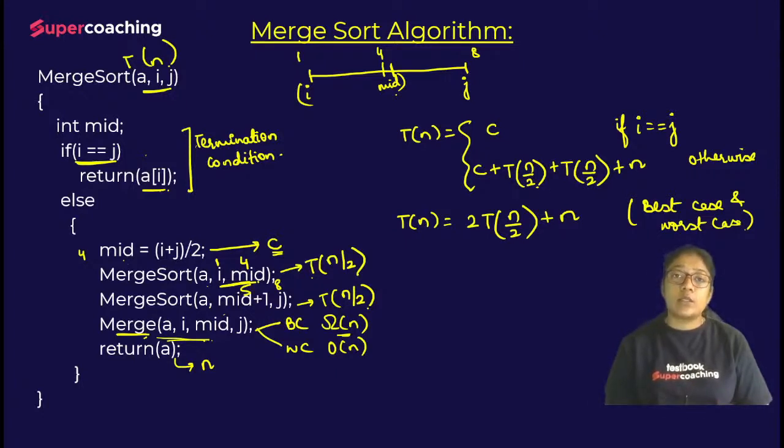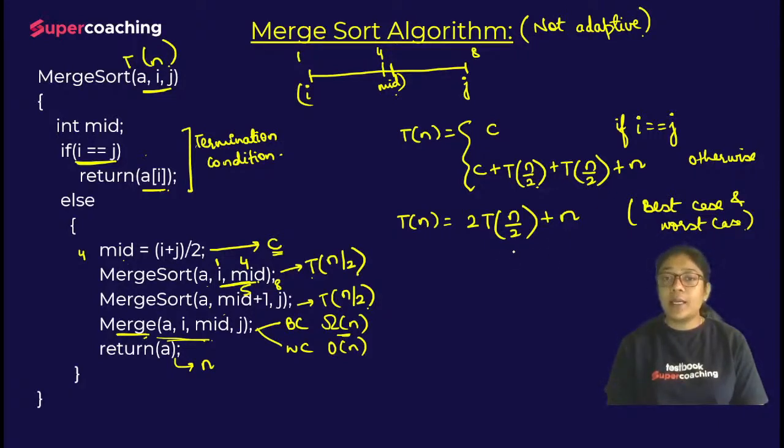If pre-sortedness of the elements, that is, the elements already being sorted, is taken into consideration, then the algorithm is adaptive. But here it is not considering that, and in the best case and the worst case we have the same time complexity, so merge sort is not adaptive. Anyhow, I'll be talking about these terms in tomorrow's session: what is adaptive, what is pre-sortedness, what is in place, stable, and so on.